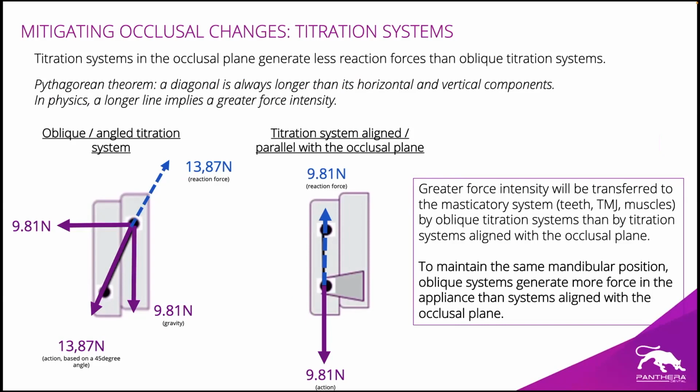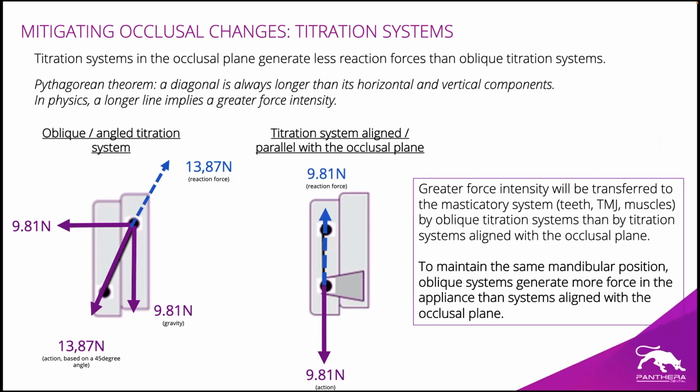So I also hinted at this earlier, in this oblique versus oblique titration, this diagonal titration versus a titration system that is more parallel with the occlusal plane. And we're going way back, not physics in high school or in undergrad. We're talking geometry here and the lovely Pythagorean theorem.